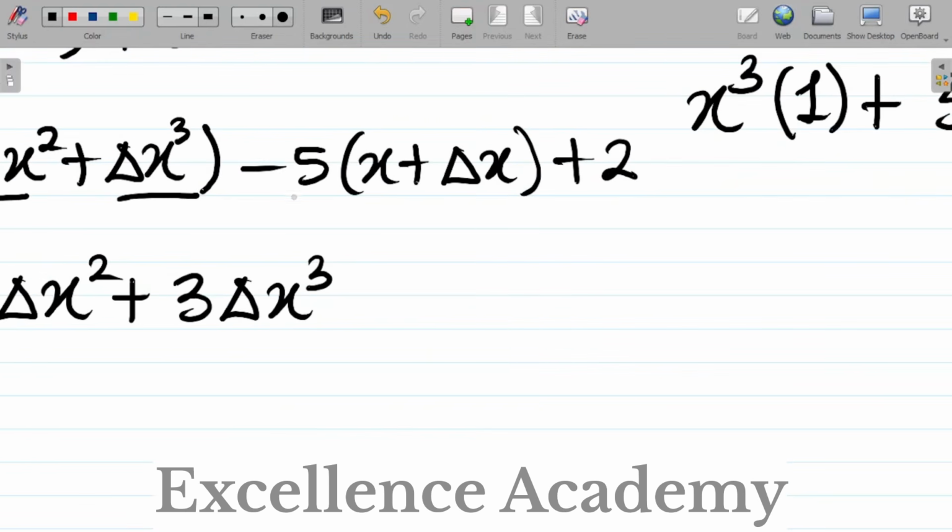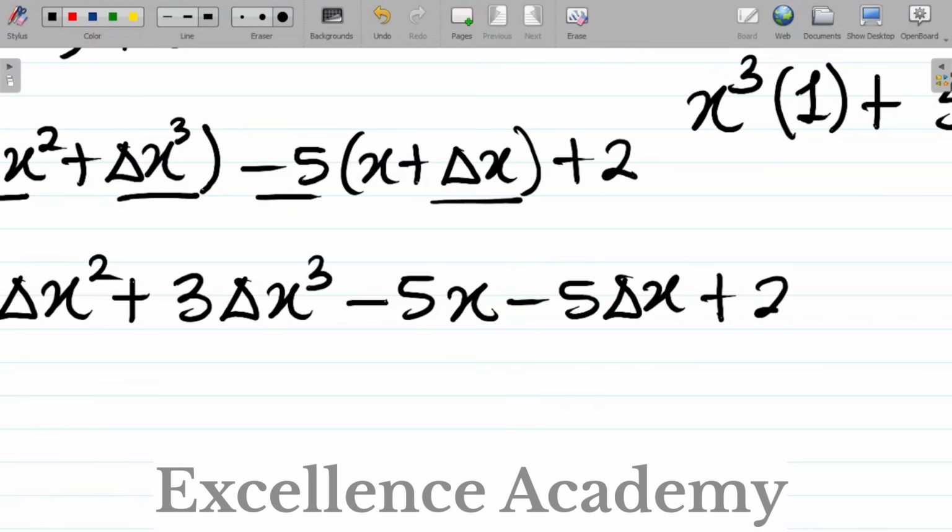Coming to this, minus 5 times x gives you minus 5x, minus 5 times change in x gives you minus 5 change in x, then you have plus 2.